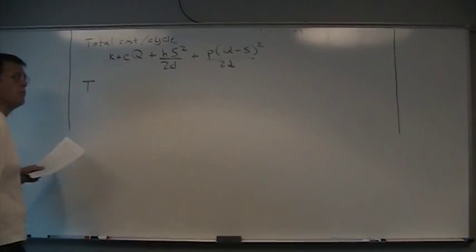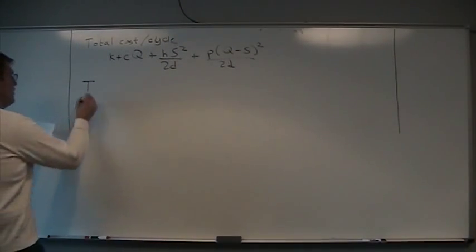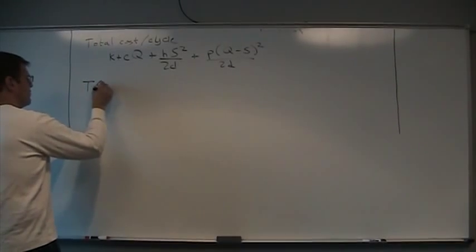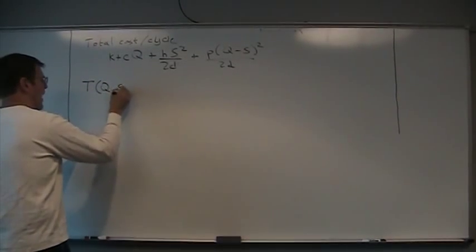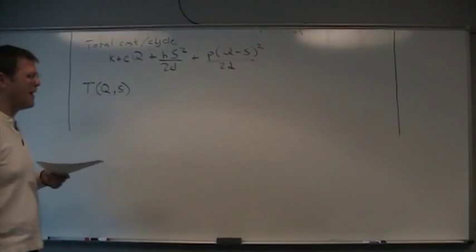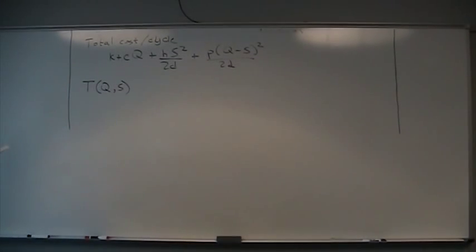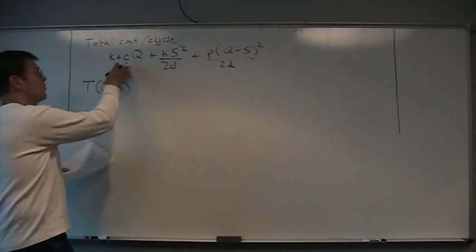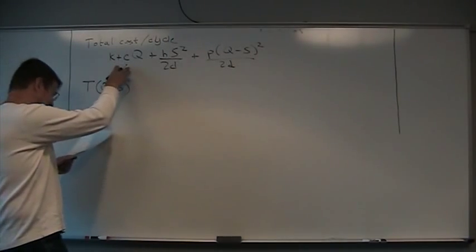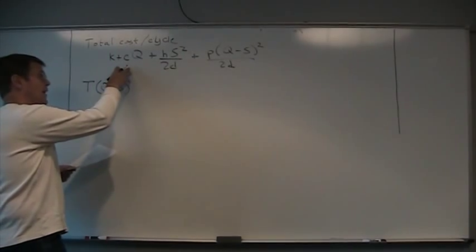So our function per unit time is capital T again, and this is going to be a function of both Q and S. We can choose our batch size, we can choose our shortage size, our planned shortages. So what we're doing here is we're taking the total cost per cycle, and again, we're going to divide by the cycle length.